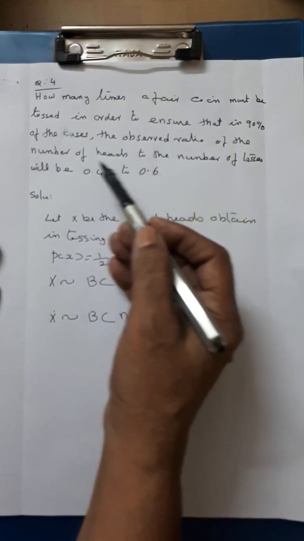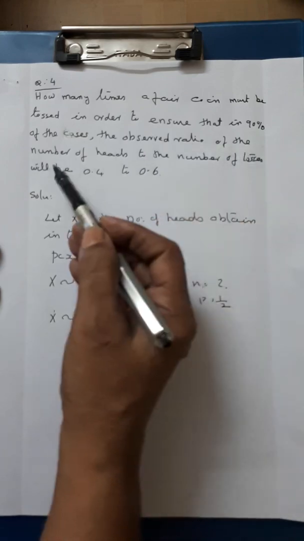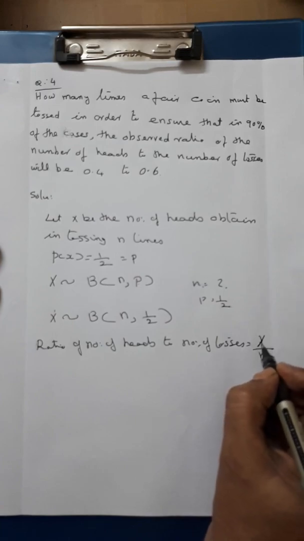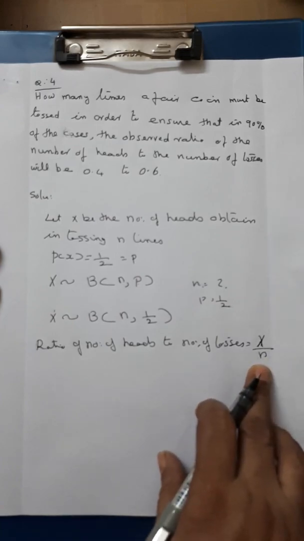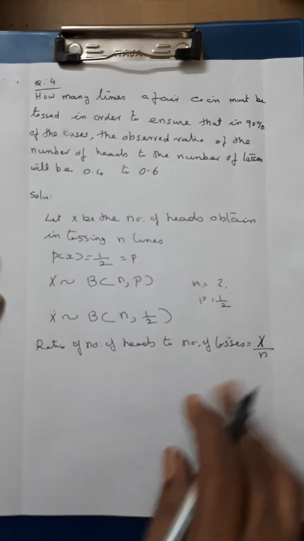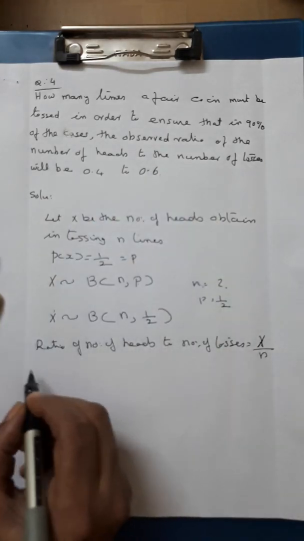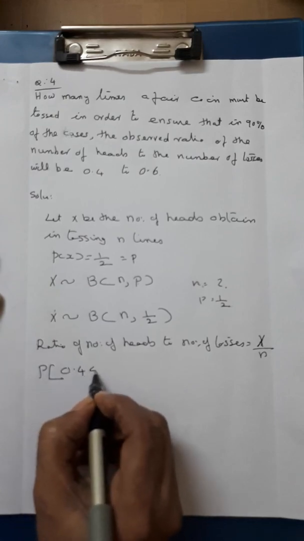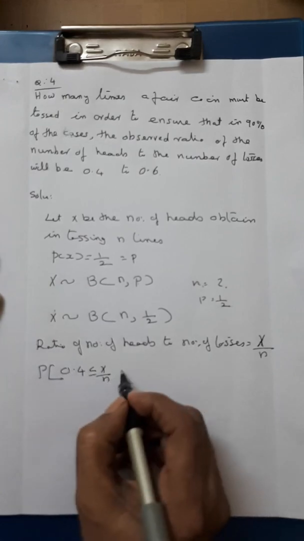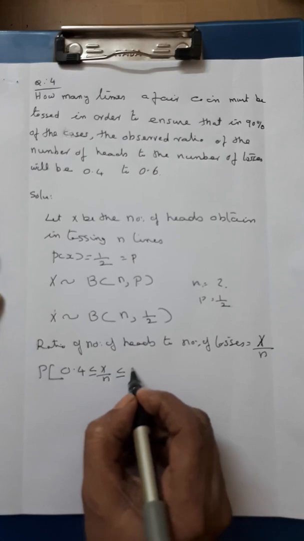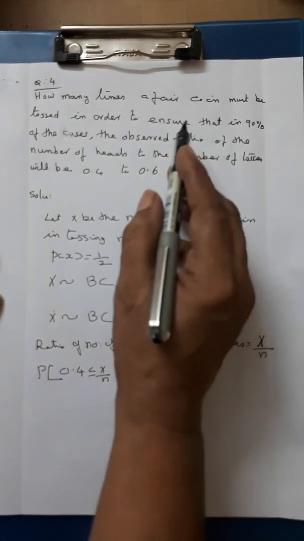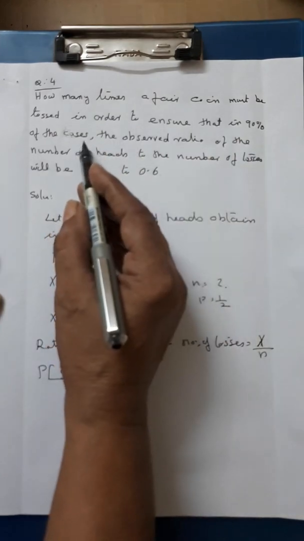So what is the ratio of number of heads to the number of tosses? It is x by n. So we are interested in x by n. And we can rewrite the condition as P of 0.4 less than or equal to x by n less than or equal to 0.6, ensuring that 90% of the cases.